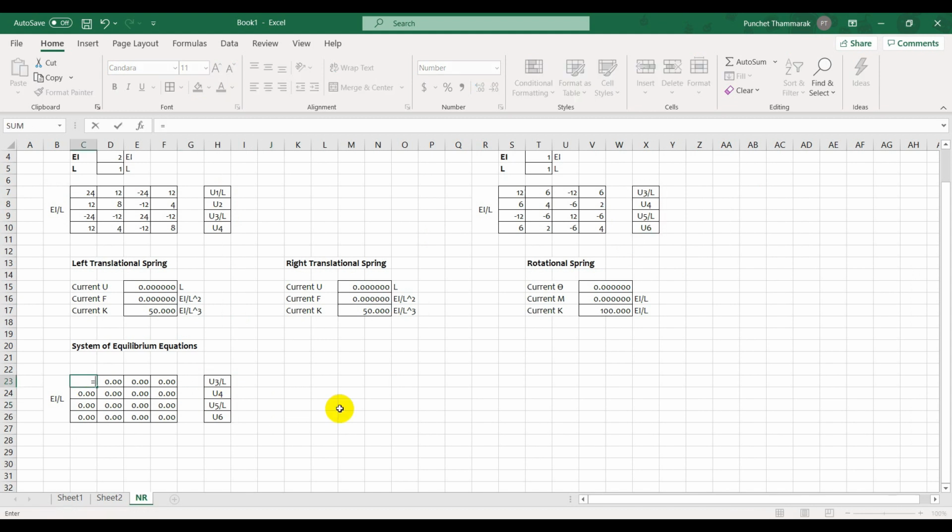This part is equal to this plus this one. This is equal to this one.